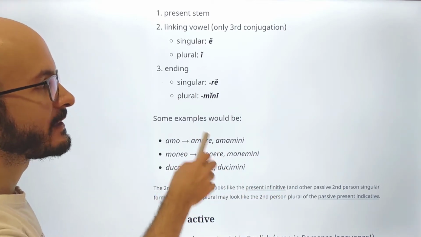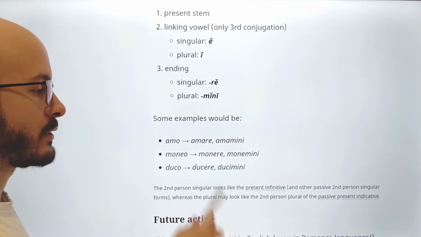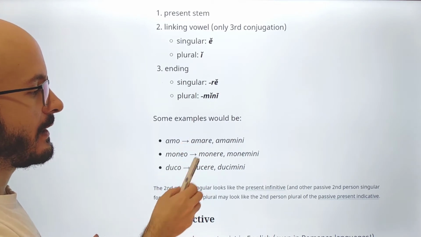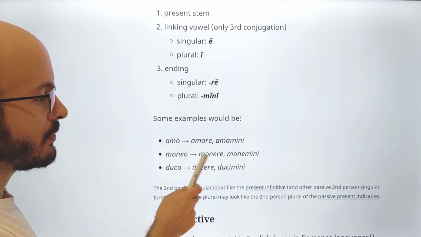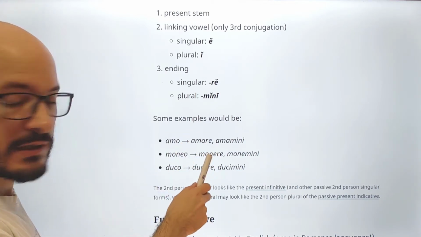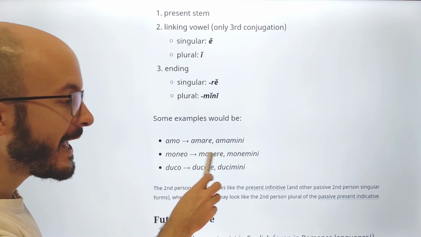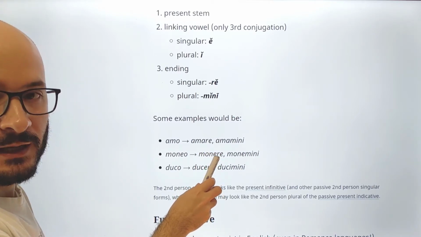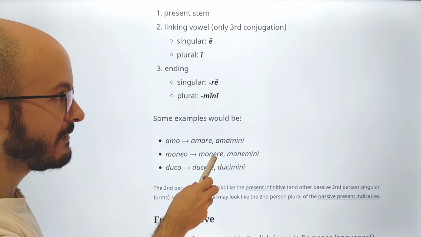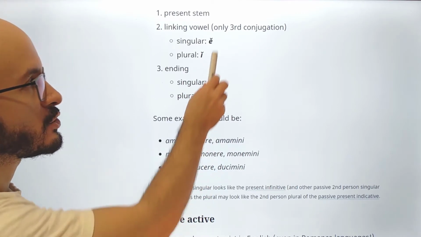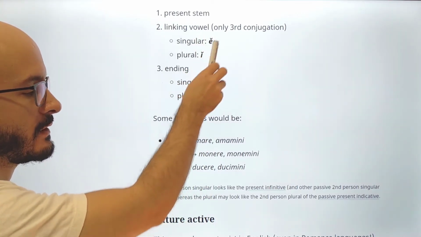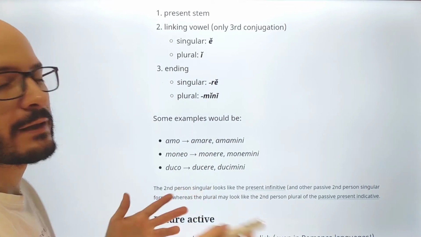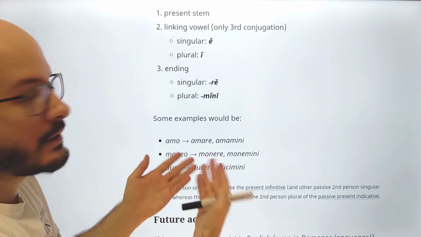Notice, however, that the present infinitive would be monere, because this e is long in the present infinitive, whereas here this e is short. But just from the written form, we don't know.